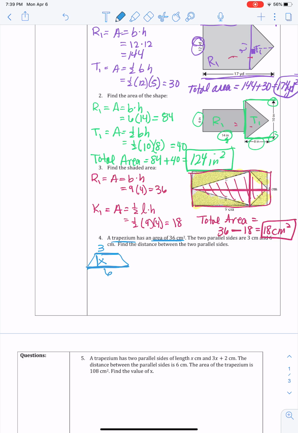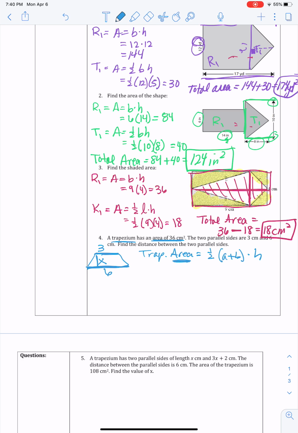So, this is a trapezoid. So a trapezoid area is half of base 1 plus base 2. Sorry, let's write that with the formula I gave you yesterday. Half of a plus b times height. So what do I have?